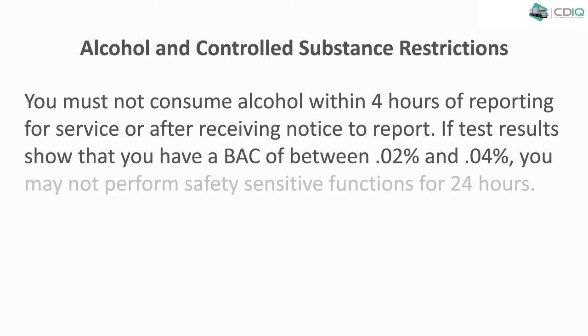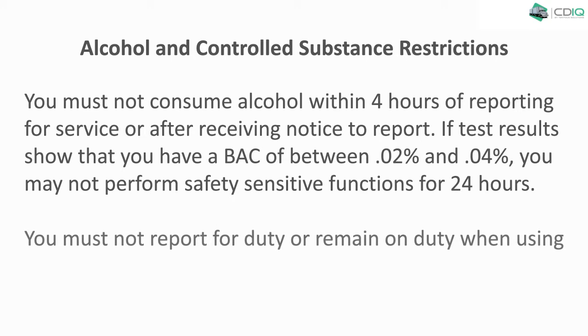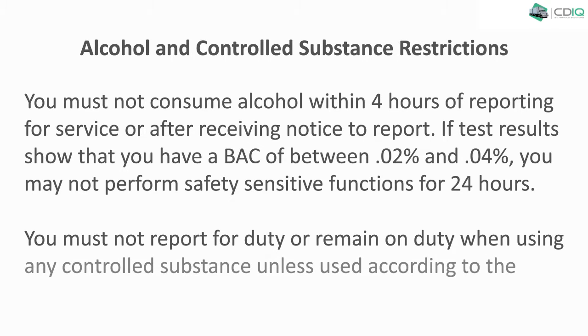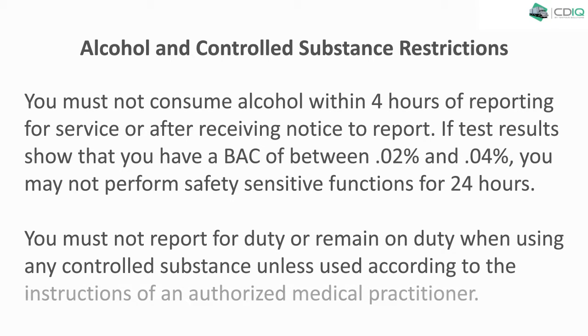If test results show that you have a BAC of between 0.02 and 0.04, you may not perform safety-sensitive functions for 24 hours. You must not report for duty or remain on duty when using any controlled substance unless used according to the instructions of an authorized medical practitioner.